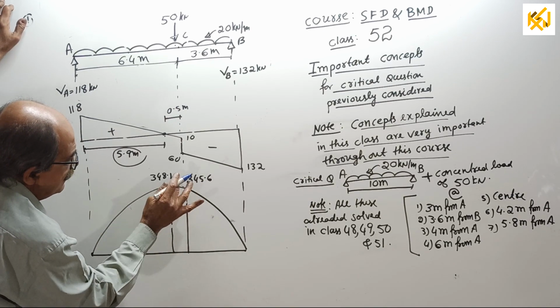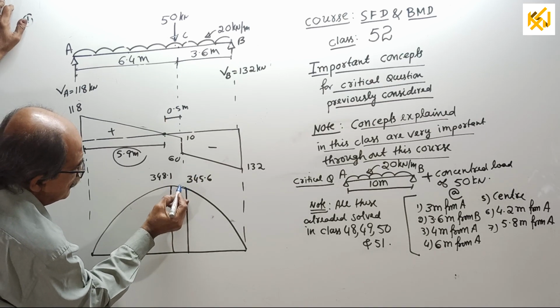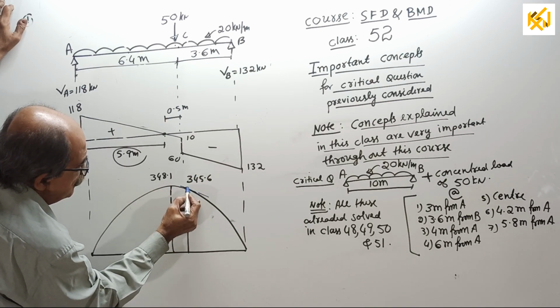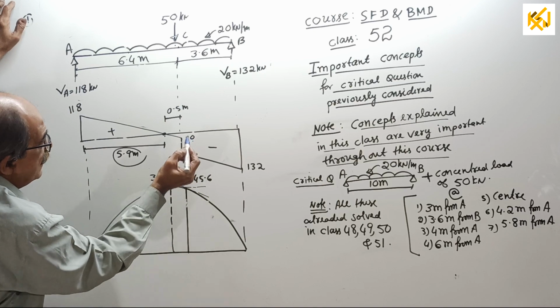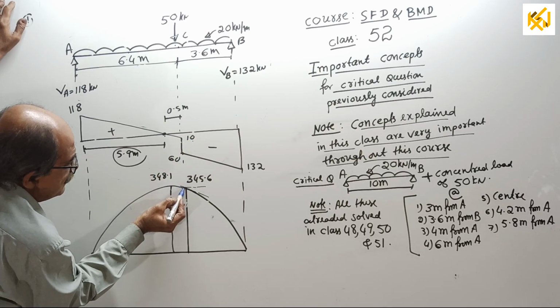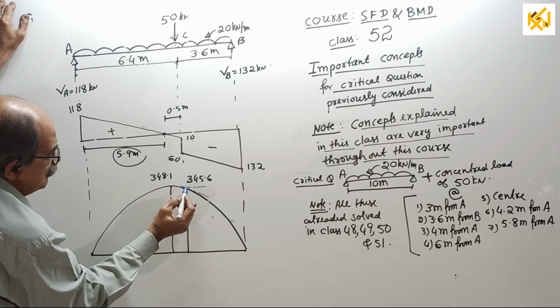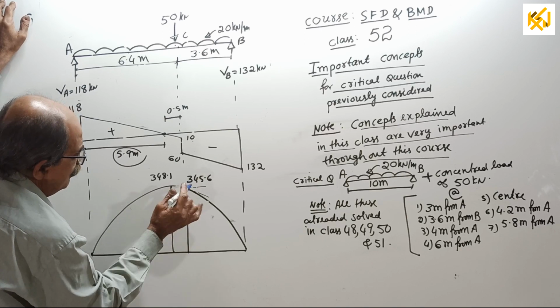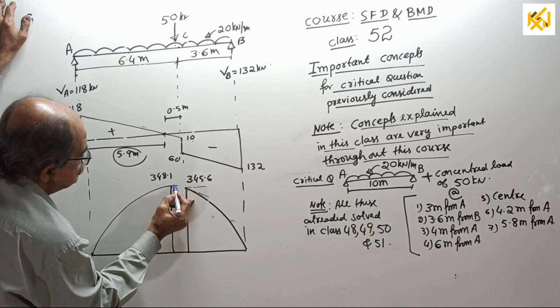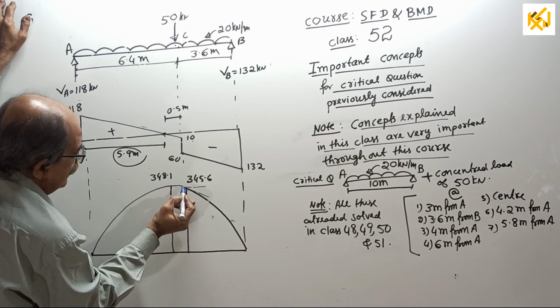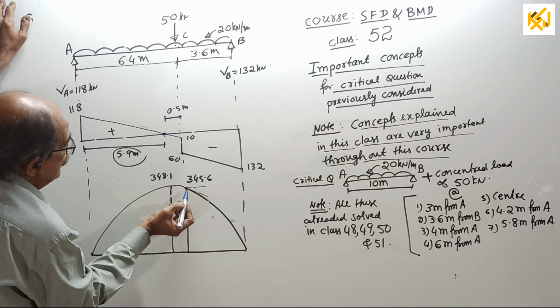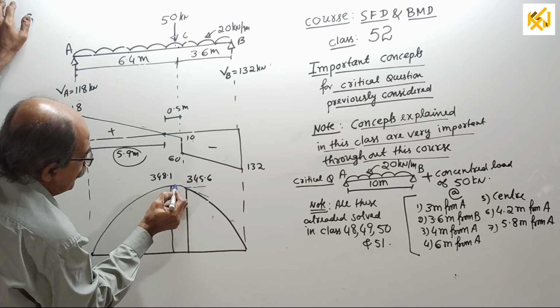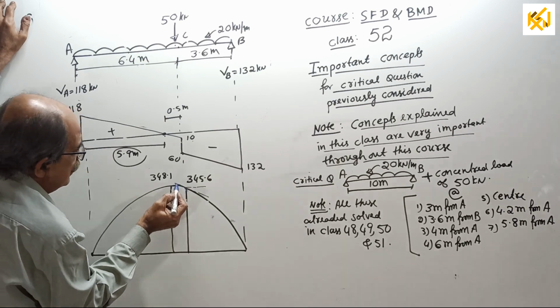Now, see, this tangent angle will be 60. This tangent should be a little flat, now a little flat. Okay, it will come this way. Here the angle should be lesser.